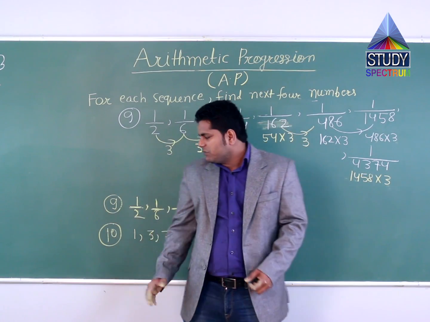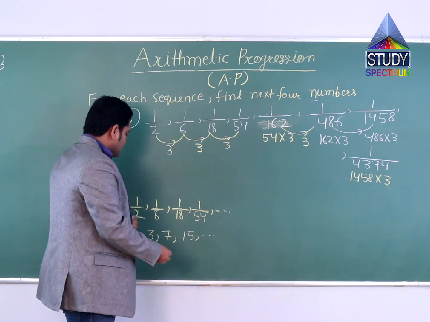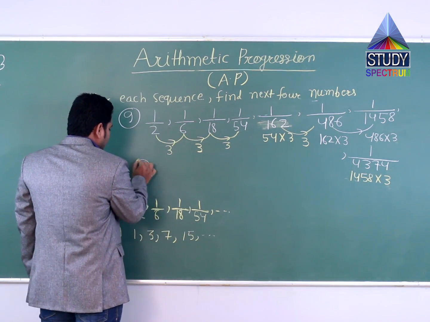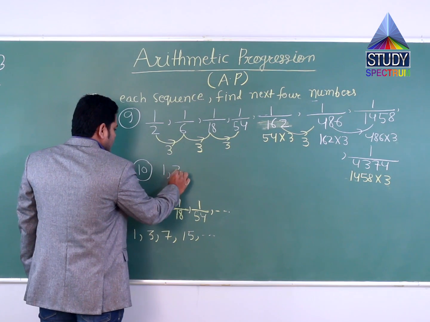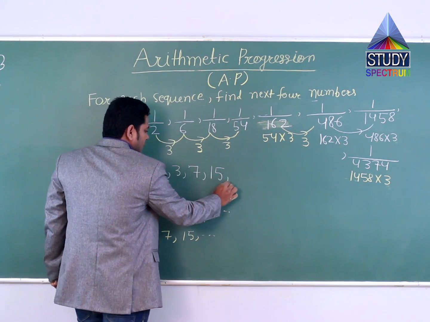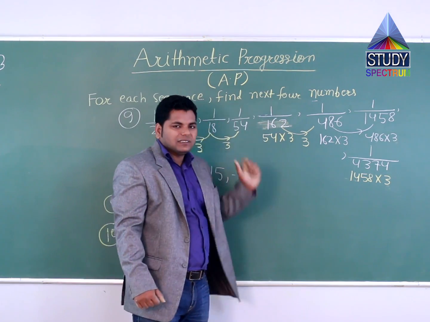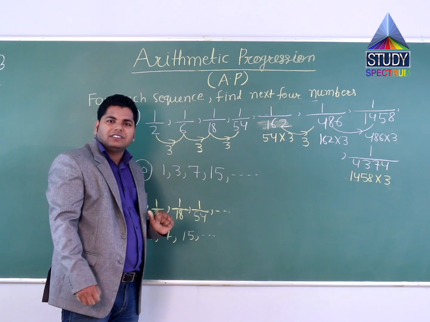Now move to question number 10, and we have a list of numbers in question number 10 as 1, 3, 7, 15, and we have to guess the next 4 numbers involved in the given sequence.